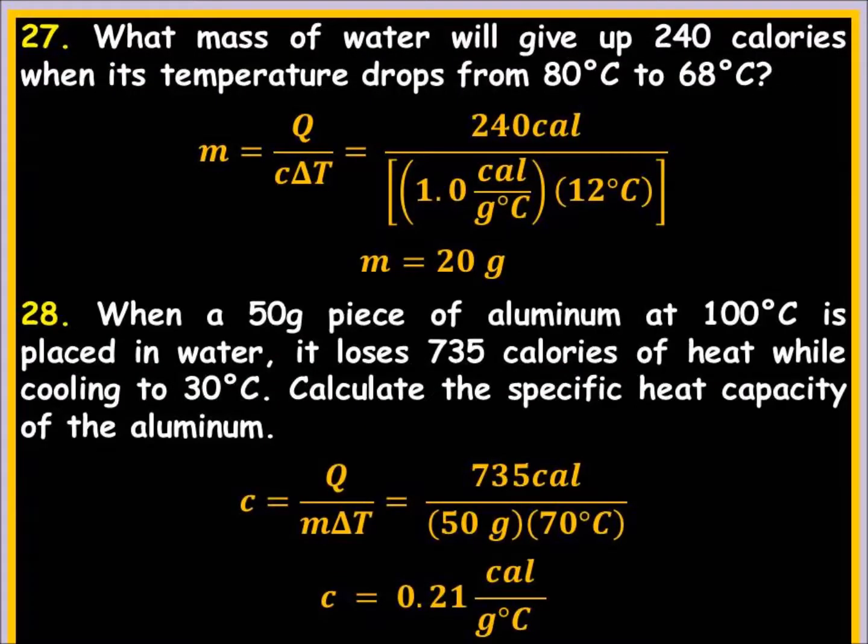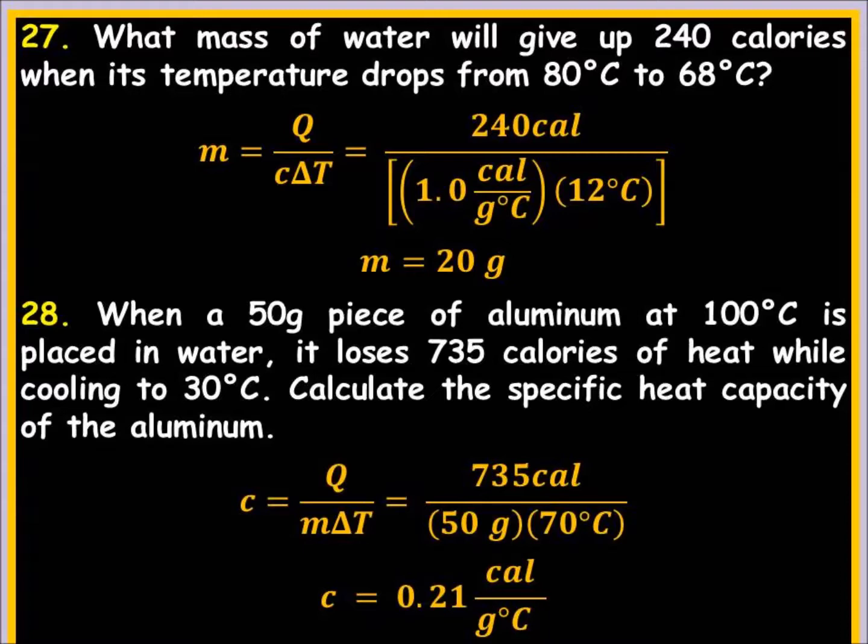What mass of water will give up 240 calories when its temperature drops from 80 to 68? So that's a drop of 12 degrees. So again, you're rearranging the equation, M equals Q over C delta T, and that's 20 grams. And then when a 50-gram piece of aluminum at 100 degrees Celsius is placed in water, it loses 735 calories of heat while cooling to 30 degrees Celsius.